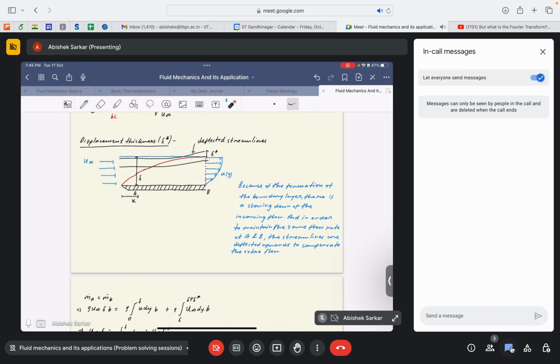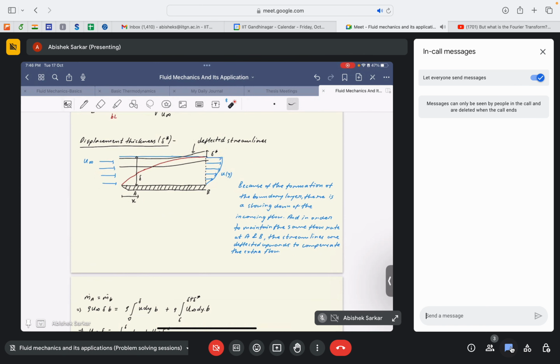Because there has been some loss in the mass flux because of the modification in the velocity profile. In order to compensate this loss, the streamlines are deflected upwards so that the additional incoming mass flow rate could be compensated, basically to satisfy mass conservation, right?